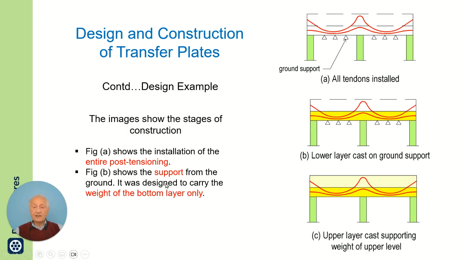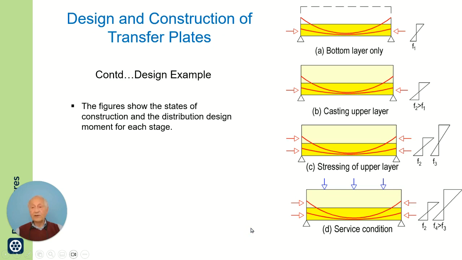This stage was designed to carry the weight of the bottom layer only. Figure C shows the bottom layer fully cast, finished, and the top layer cast. This bottom layer carries the weight of both of them.